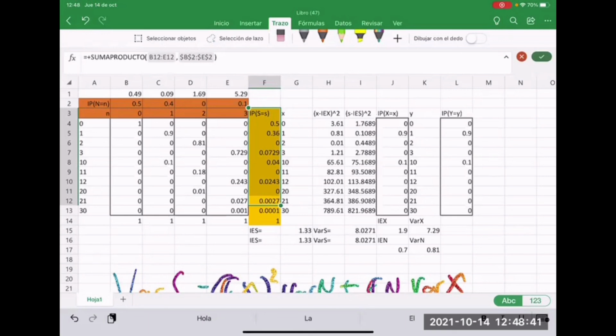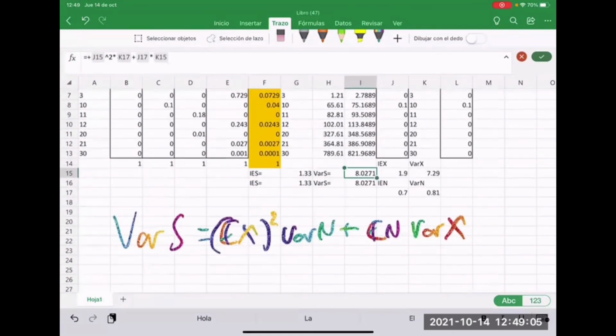The second way is to take the expectation in both ways: the one we learned in the previous part of the course, and by means of the definition of the expectation. And third, you can use this formula here for taking the variance, or you can use the definition of the variance, and that's it.